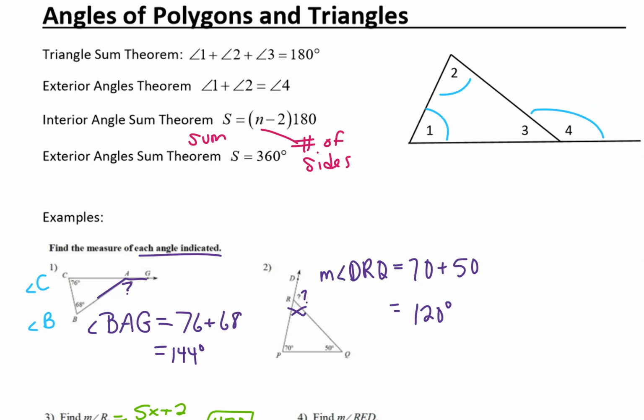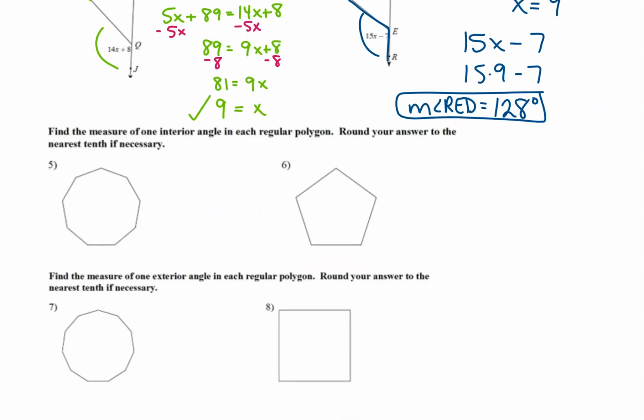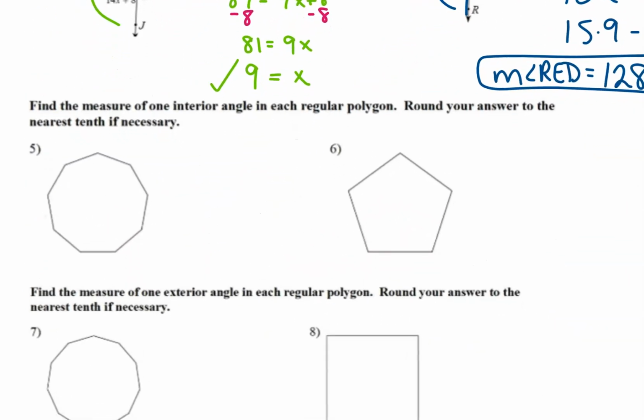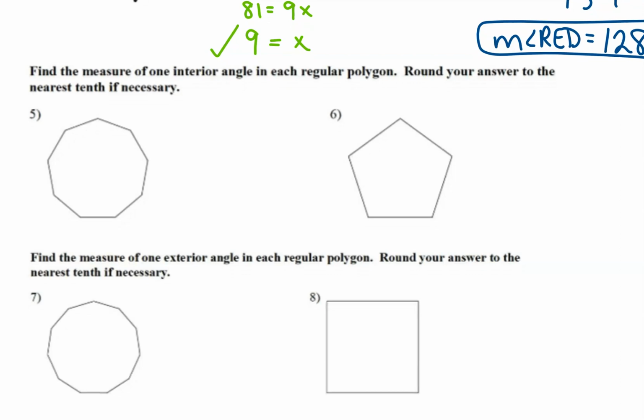Okay, so let's look down here in our examples. This first shape, we need to know how many sides it has. So I like to put tick marks so I can count them. So 1, 2, 3, 4, 5, 6, 7, 8, 9, and I'm going to write 9 sides in the middle. So our shape has 9 sides.